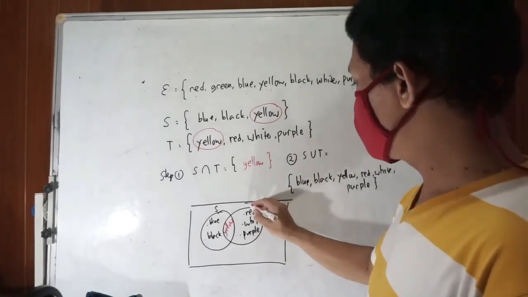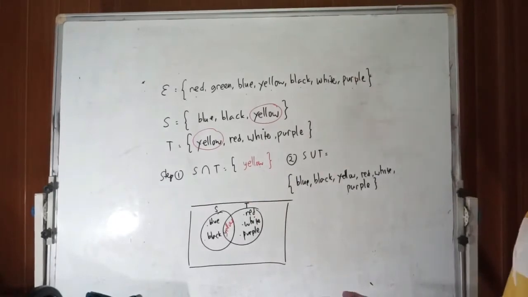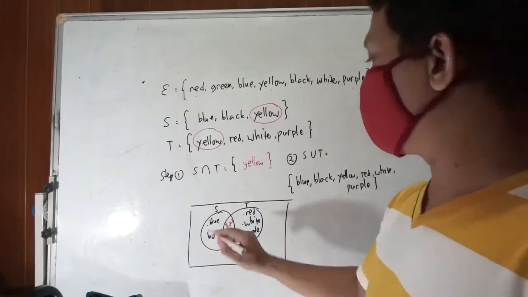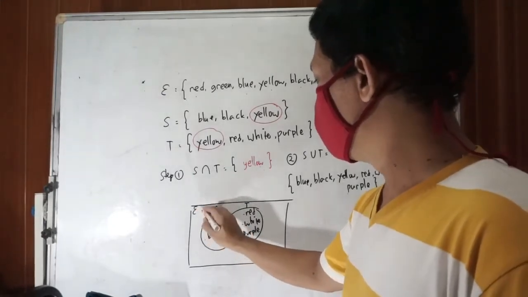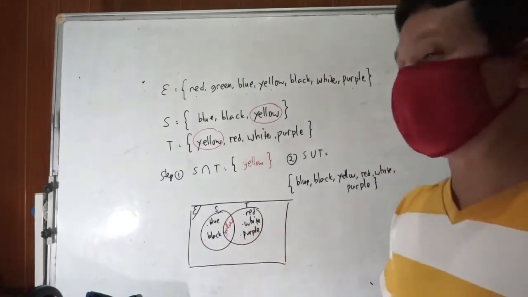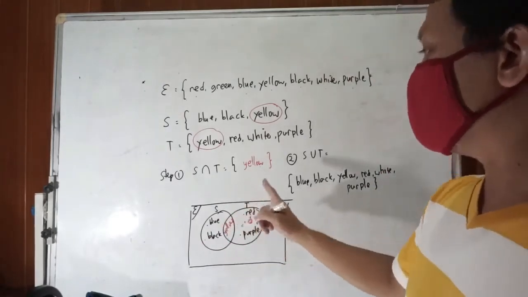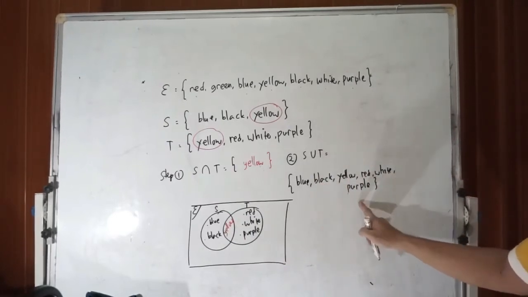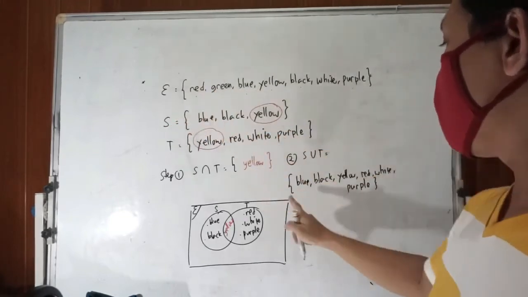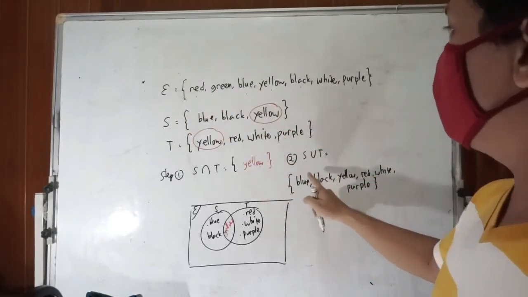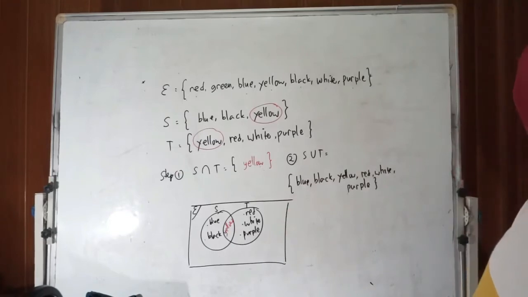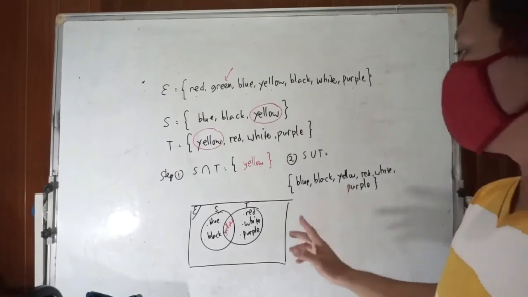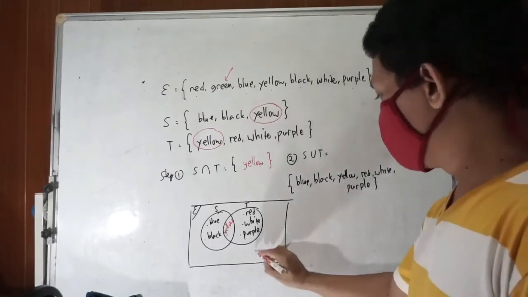So we name this one set T. For completing the Venn diagram, we can write here universal set, and out of S and T, out of blue, black, yellow, red, white, and purple, when we go to the universal set, out of S union T is green. Okay, that's right. So out of S and T is green.